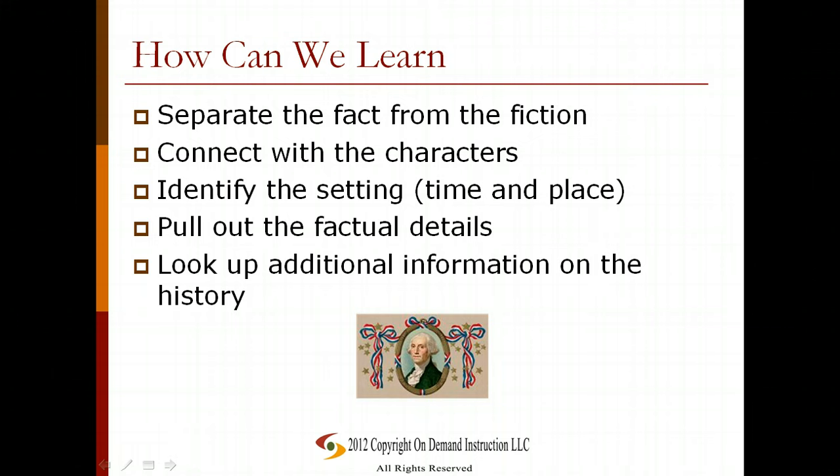So you need to be able to differentiate and tell what is what. Also, if you can identify the setting, being the time and place when the story is taking place, that will give you a lot more information and allow you to connect more closely with that literature and the time period.